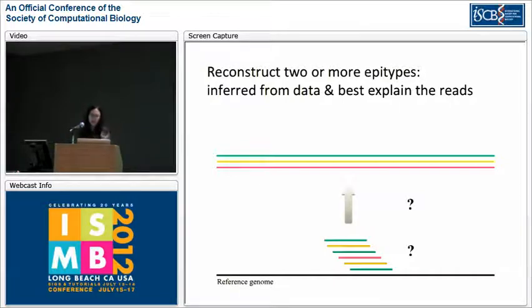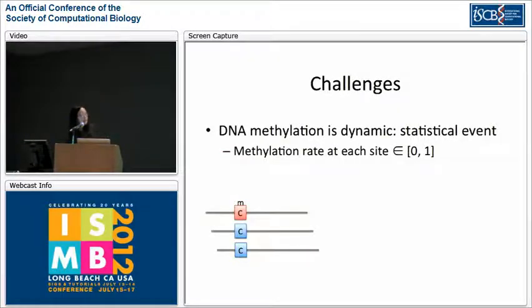At this point, some of you in the audience might ask, wait a second, isn't this just like the variant calling problem at the local level, or if you need to put them all together, haplotyping at the global level? After all, DNA methylation, methylcytosine, is sometimes referred to as the fifth nucleotide, right? With a very important difference. DNA methylation is a lot more dynamic than nucleotides.